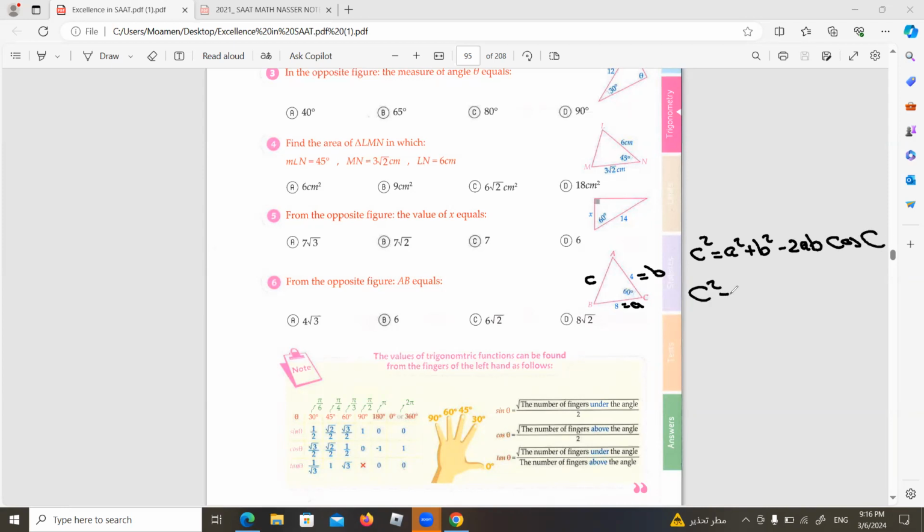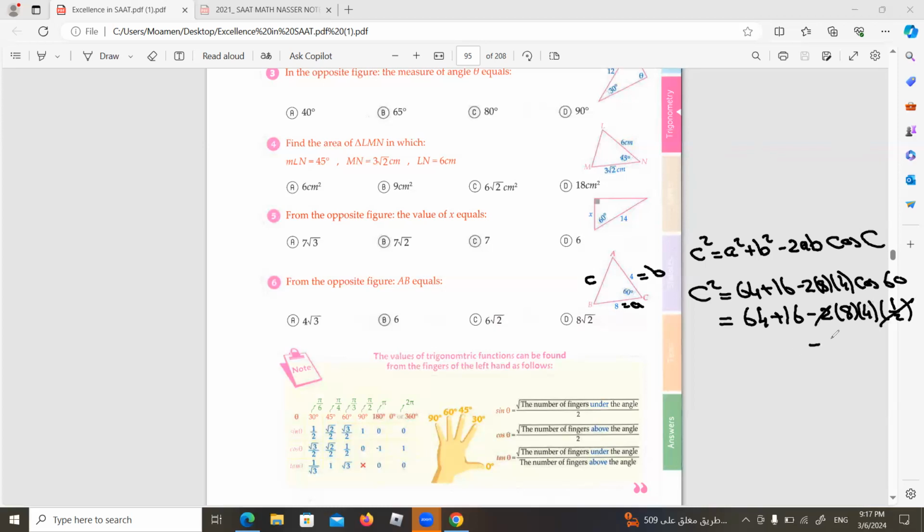C squared equals A squared, it means 64, plus B squared, it means 16, minus 2 multiplied by 8 multiplied by 4 cosine C, it means cosine 60. Cosine 60 is half, and this half cancels the 2.